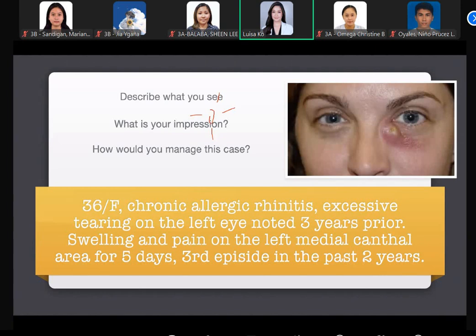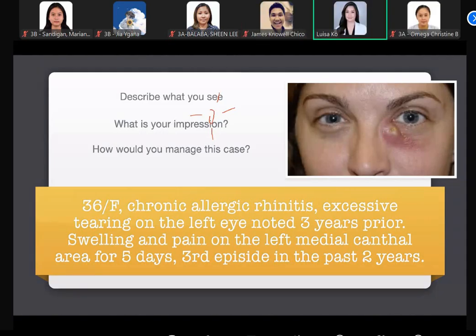What do you guys think? The case is dacryocystitis. Okay, good. It looks like an infection or inflammation of the lacrimal sac. What else? Why is there an inflammation of the lacrimal sac here, especially in the history? What's the risk factor?